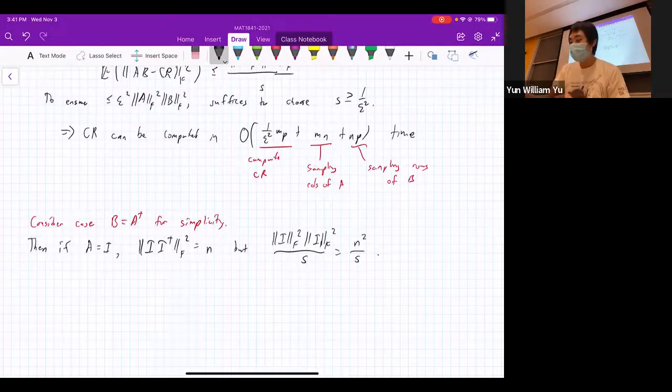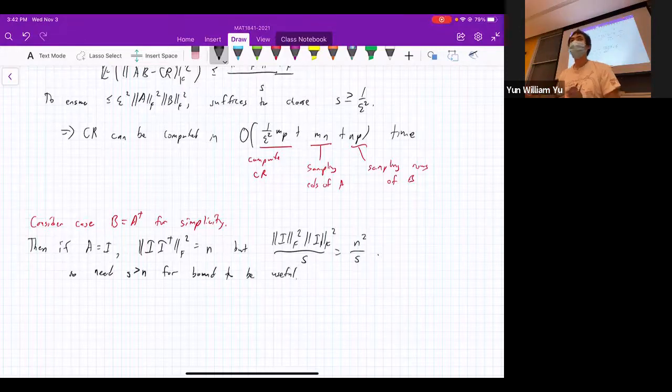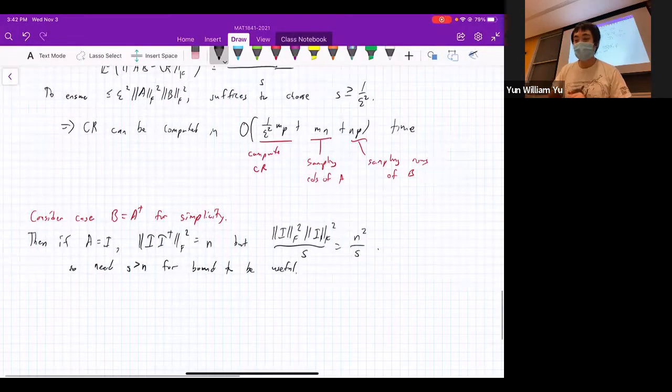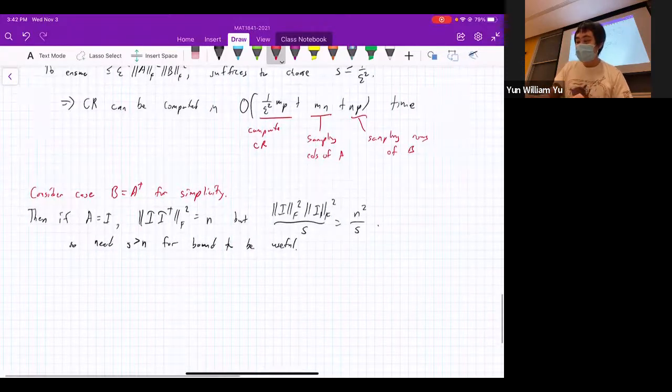Okay, so this is actually not so good for us, because then we need s to be greater than n for the bound to be useful. Right? Because if s is less than that, then you're not actually doing better. So this is bad. And why is this bad? This is because you can always just do the trivial estimate of the zero matrix.